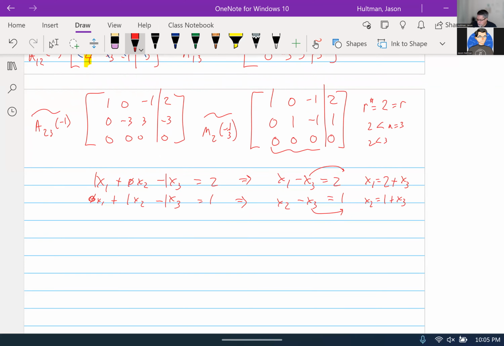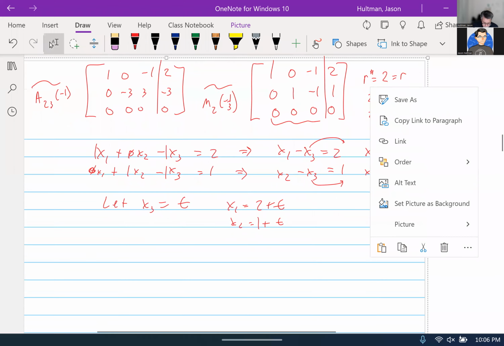So we can see that x1 is dependent on x3, and x2 is also dependent on x3. So it only makes sense to let x3 be this kind of free variable. It can take on whatever we want it to. Let x3 equal t. And so this tells me that x1 is equal to 2 plus t, and x2 is equal to 1 plus t.